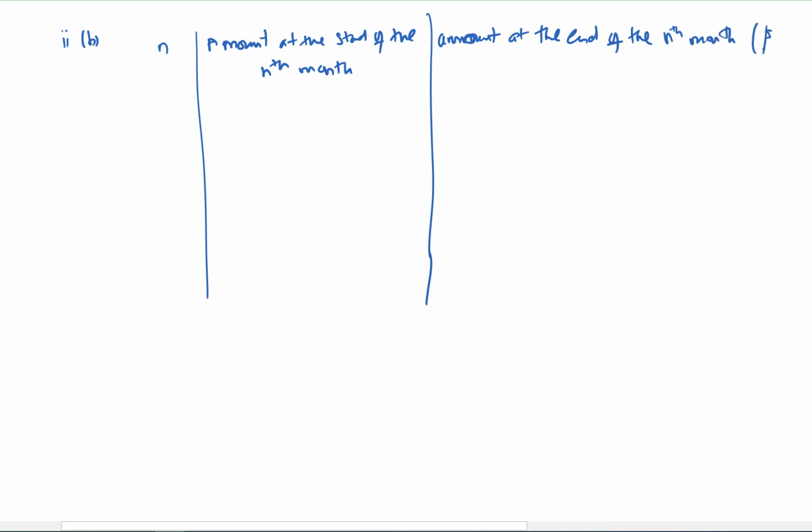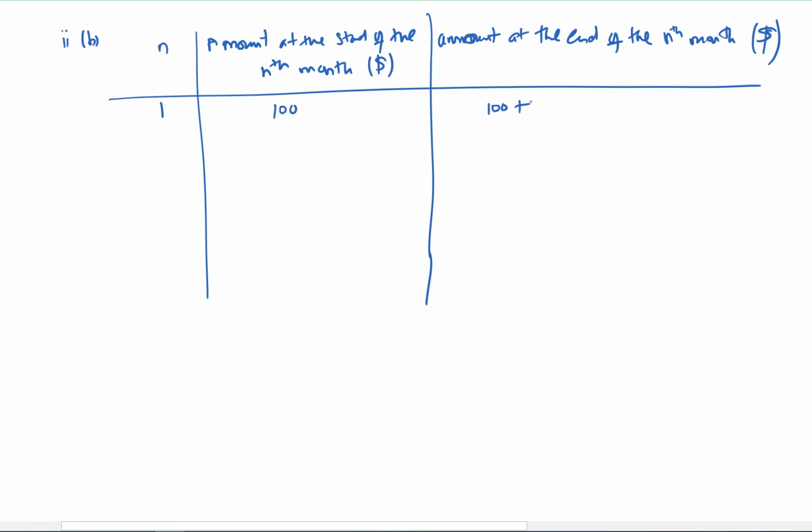All these are in dollars. When n is 1, of course, you have placed a $100, and this $100 will get a bonus of B dollars.